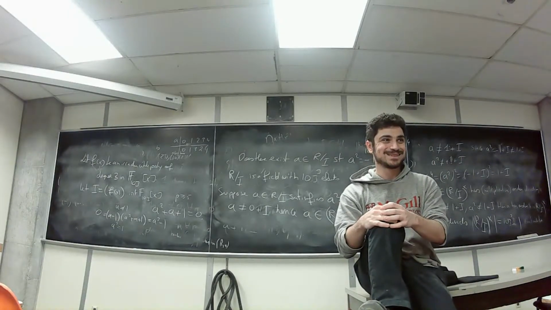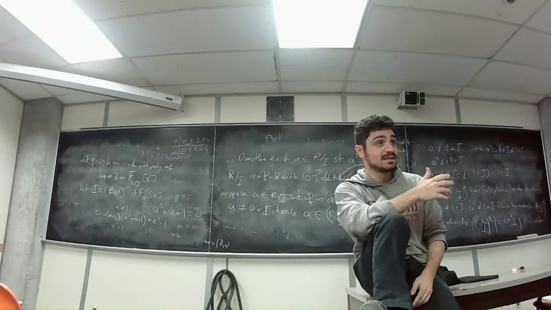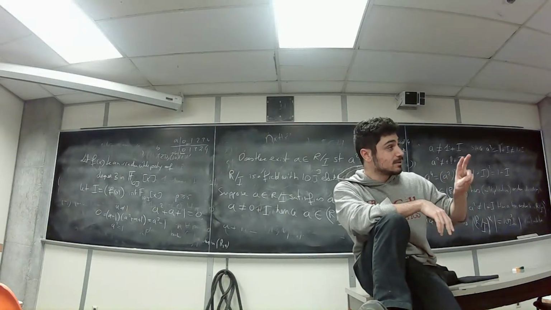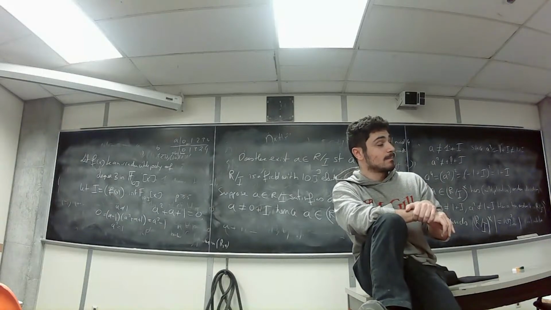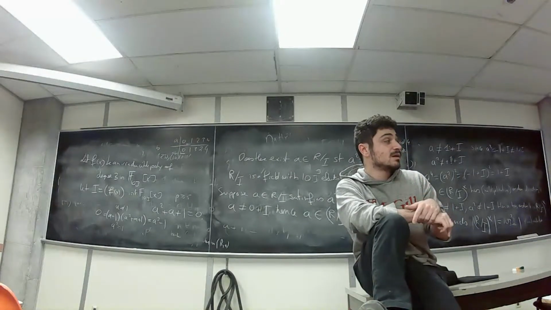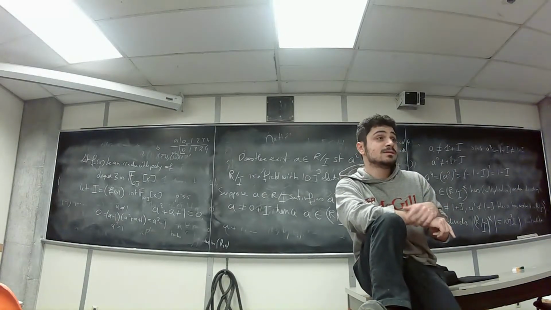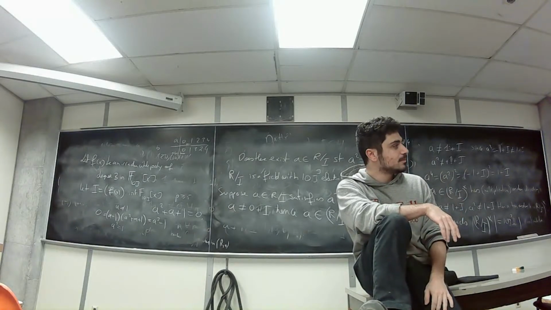So if G is a finite p-group and S is a G-set, then the size of S is congruent to the number of fixed points mod p. You use it in Sylow's theorem. This is the one that finished Sylow's theorem.